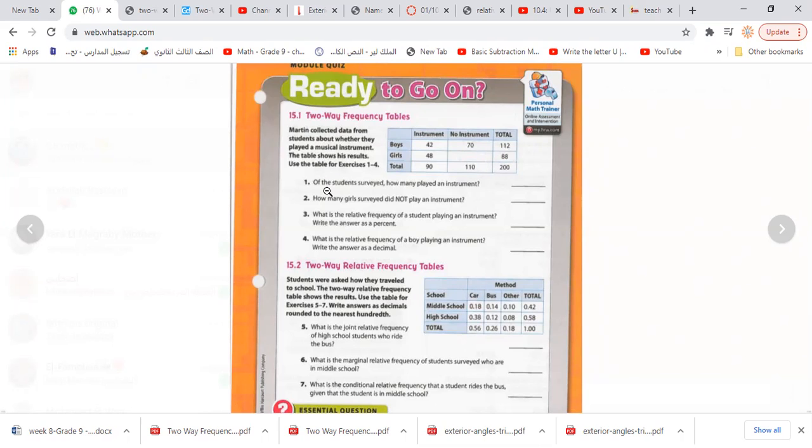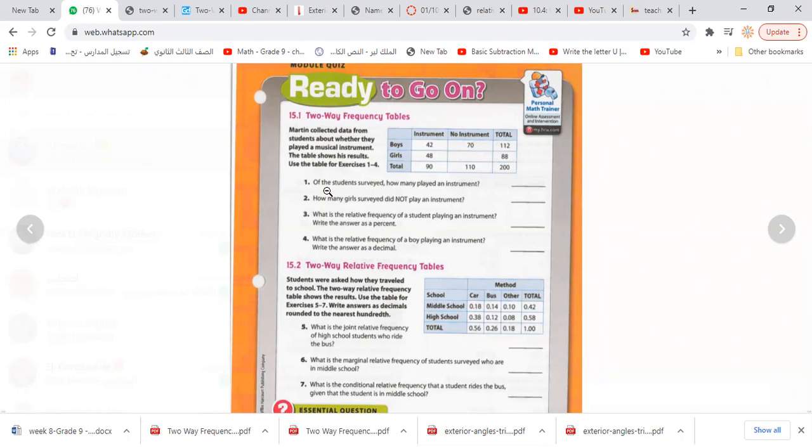If we make 90 over 200, with decimal it will be 0.45, but with percent, 45%.